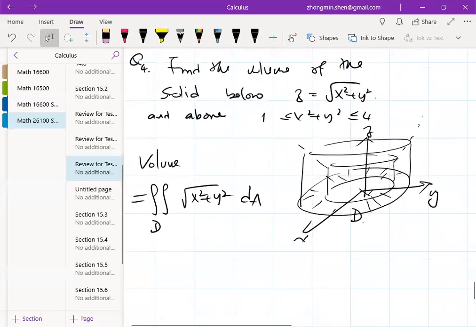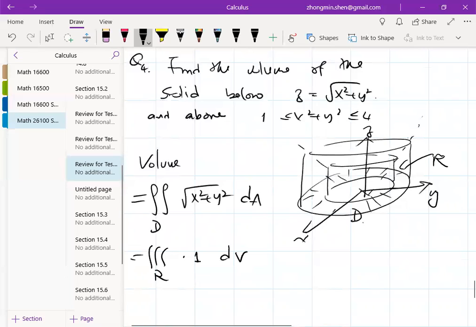If a region is R, this is a triple integral over R of the constant function dV. But if you write down the iterated integral, you end up with this double integral.